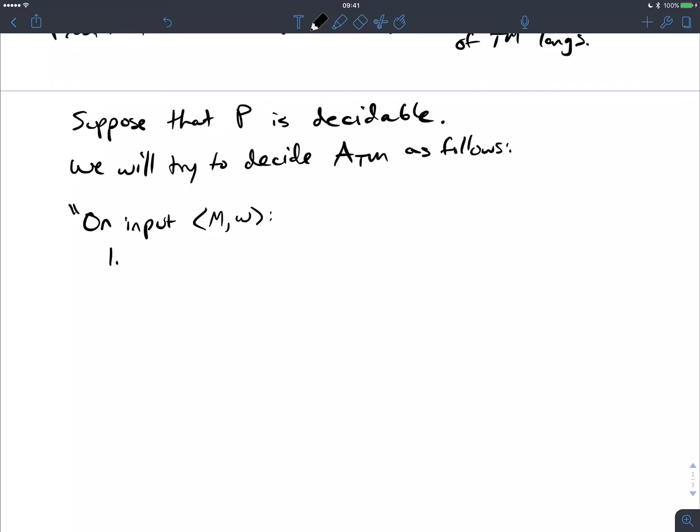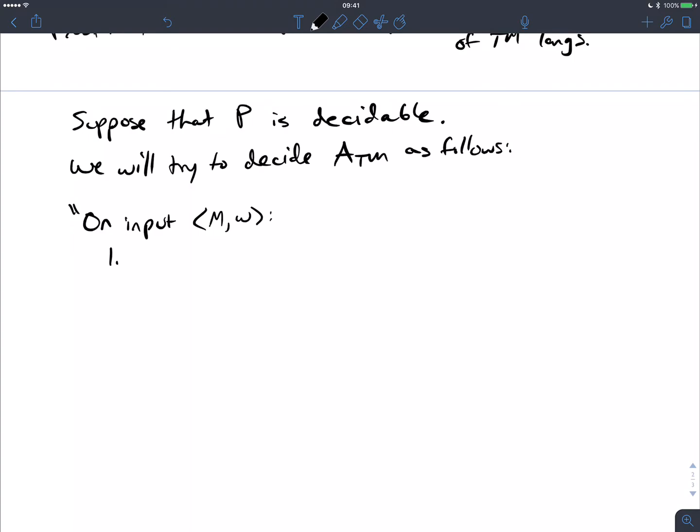So let's think back to how we did the proofs for, let's say, ETM being undecidable. Well, what we did is we supposed it's decidable, and then we used that decider on a machine that we constructed that had two different behaviors.